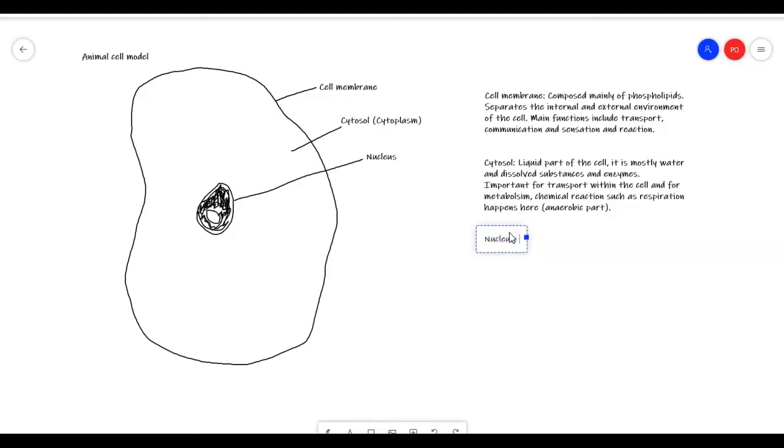So the nucleus is surrounded by its own membrane, and it contains the DNA of the cell, found in all eukaryotic cells.